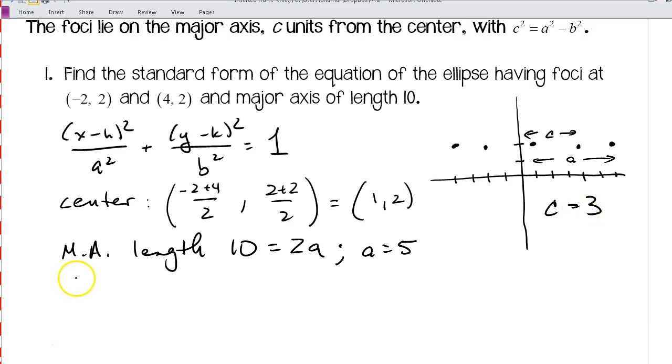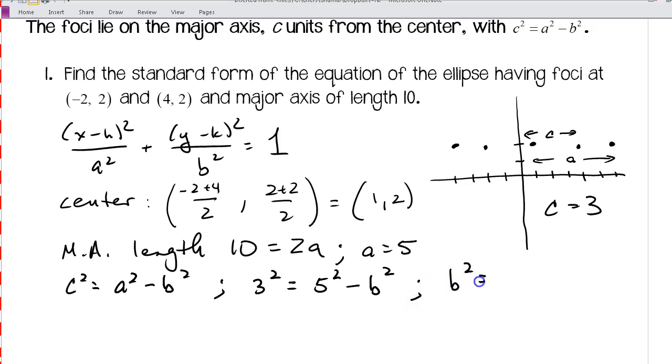And I know for an ellipse, c squared is a squared minus b squared. So 3 squared is 5 squared minus b squared, which means that b squared is going to be 25 minus 9, which is 16. And b is going to be 4.